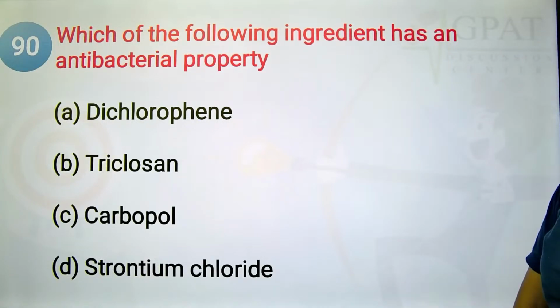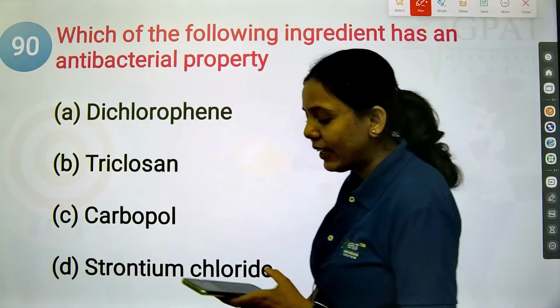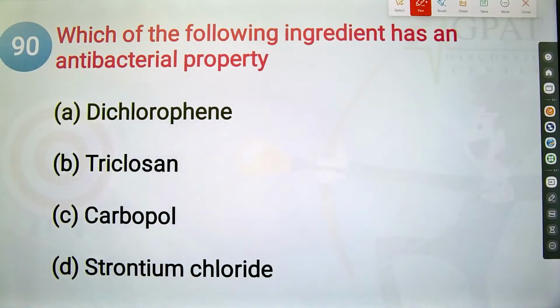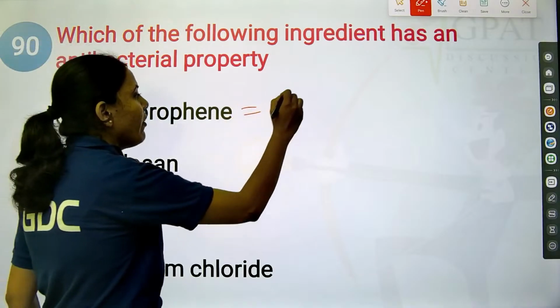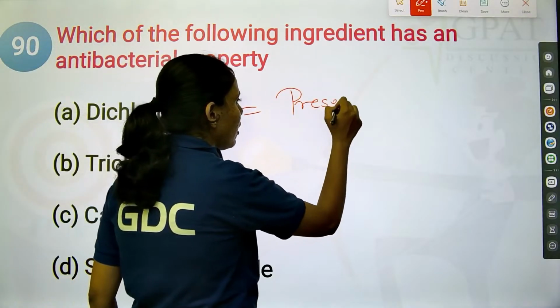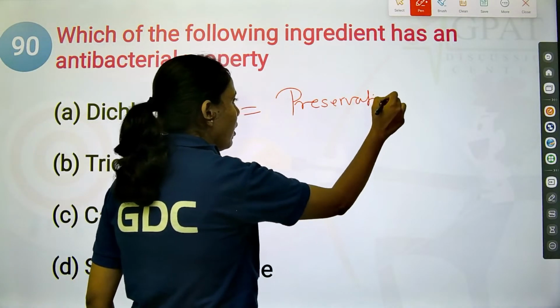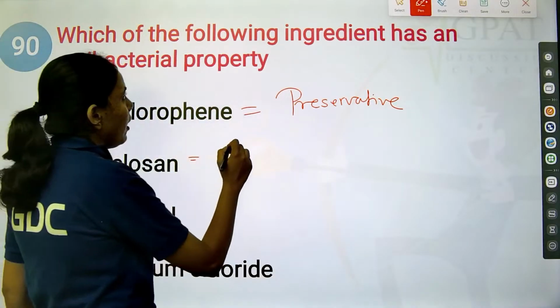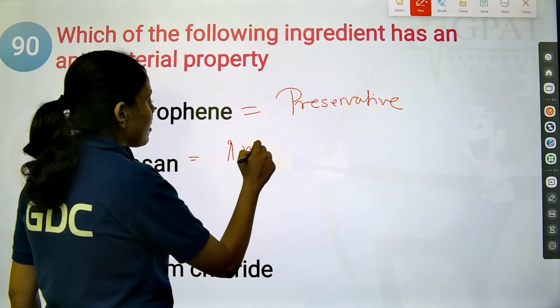Next is, which of the following ingredients has antibacterial properties? Which of them will have? So basically, dichlorophene is what? Preservative. Triclosan is what? Antibacterial properties.